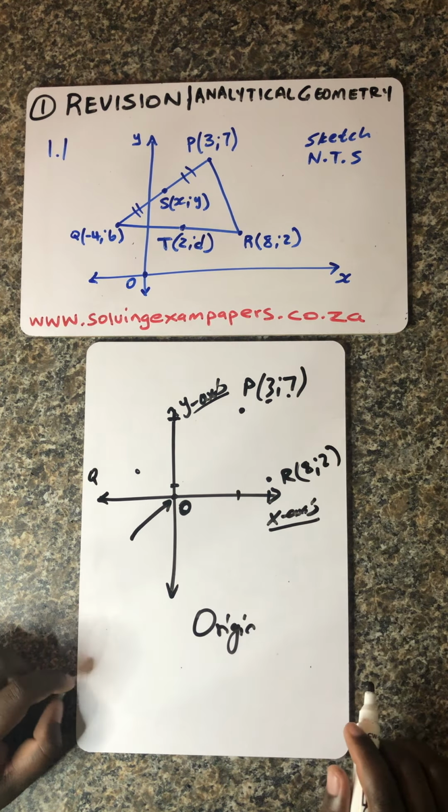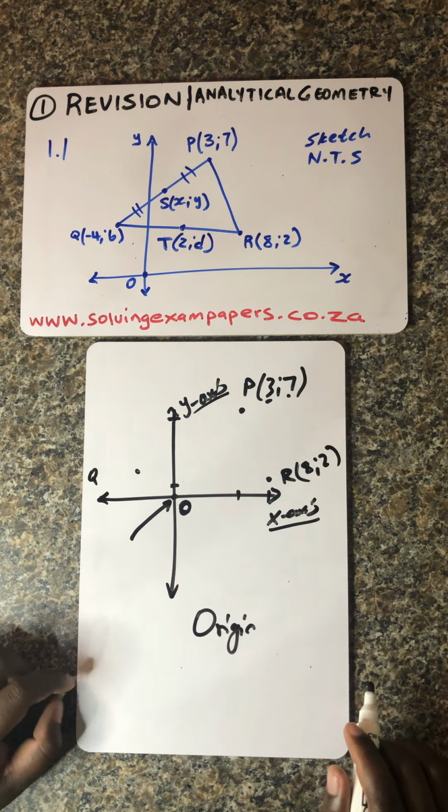So ladies and gentlemen, let's now check. In between Q and R, they've got a point over there which is referred to as point T. Okay, so this point T also has coordinates where the x value is 2 and the y value is unknown, ladies and gentlemen. So the y value is named D. Very, very much important, ladies and gentlemen.